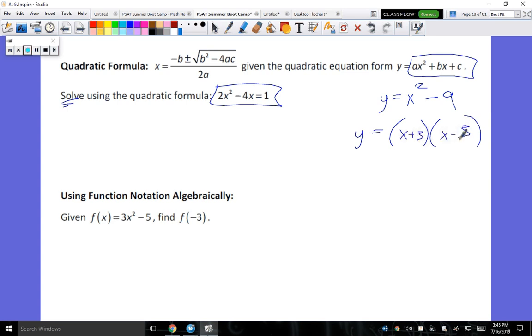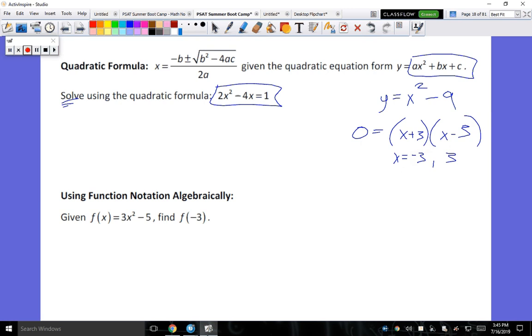Difference of squares, right? I heard it. We know to set it equal to 0, but my question is, first of all, what's this answer? -3? +3? My question to you is, did I have to set it equal to 0? If you know the answers to these subtle questions, not only do you have it mastered, but you're going to be faster than other people, okay?